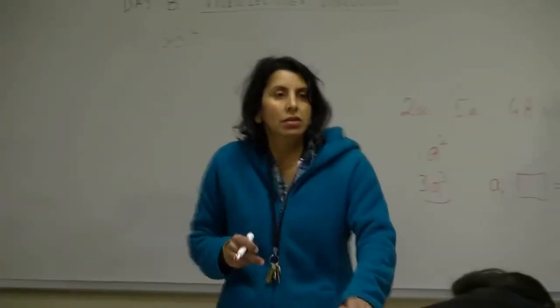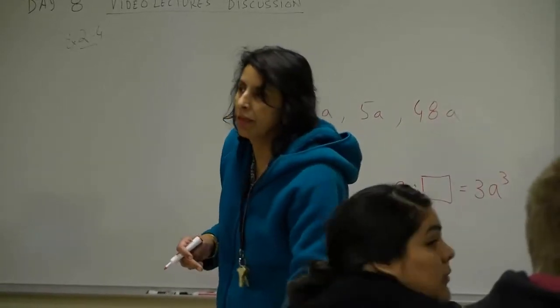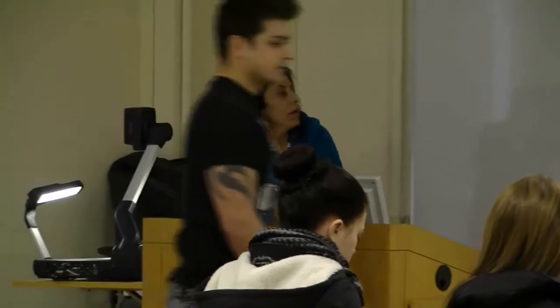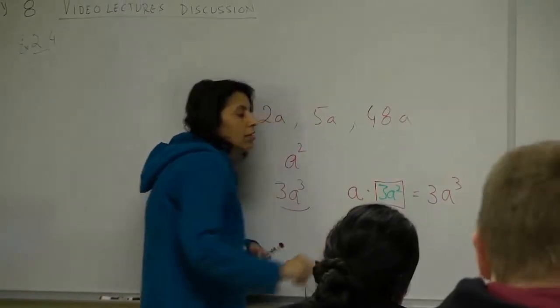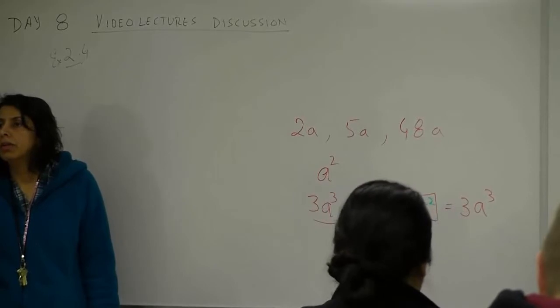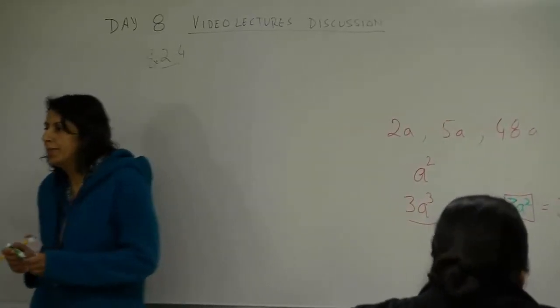Make sure you pick one of the attendance quiz as well. We are working on it. So, what should I fill in here? 3A squared. So you can have multiples for A. Is that okay?